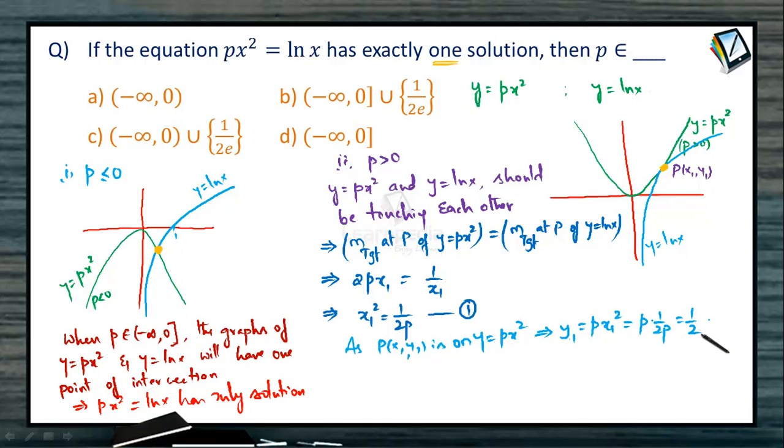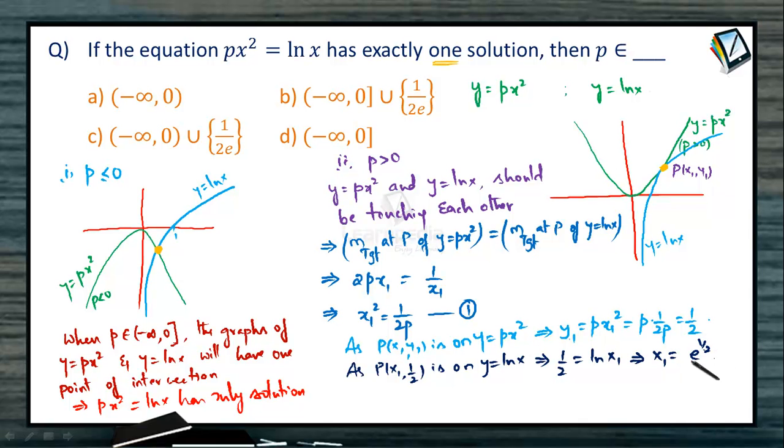Now the y1 coordinate is 1 by 2. Now the same point P, x1 and half, because we know the y1 value now, is on the second curve which is y equal to ln x. When is this possible? Provided half equal to ln x1. So can you tell me what the x1 value is? Yes, the value of x1 would be e to the power of half.